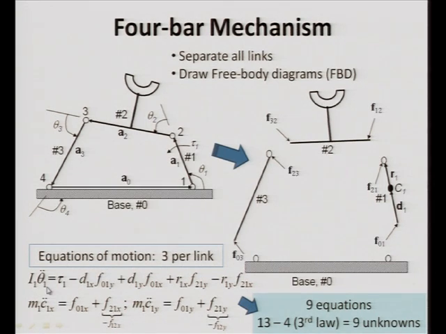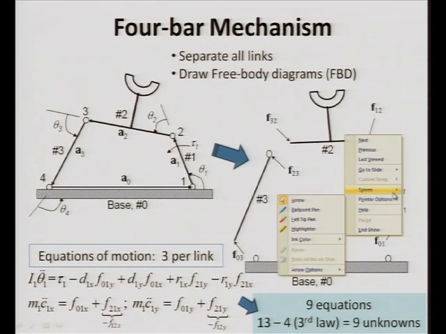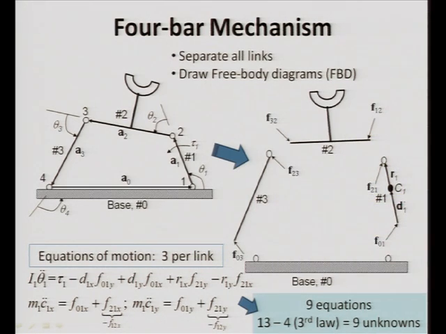So, I 1 theta 1 double dot is equal to tau 1, the external torque which I have not indicated here. So, tau 1 is here.